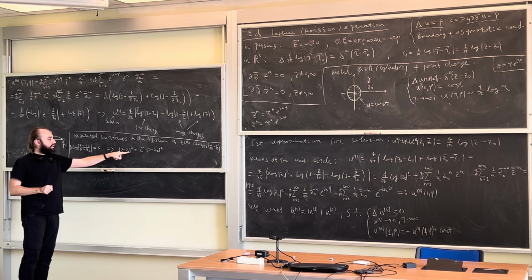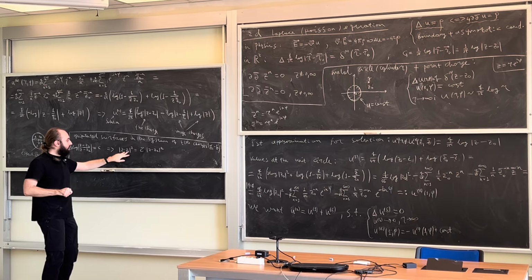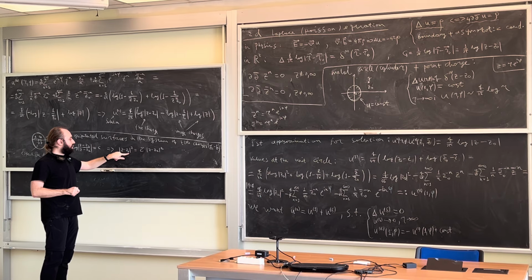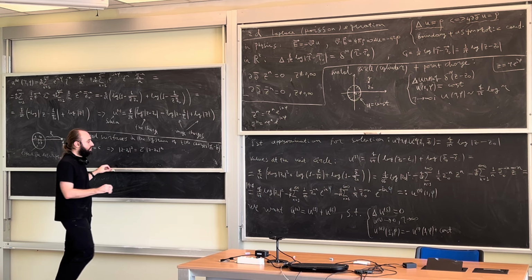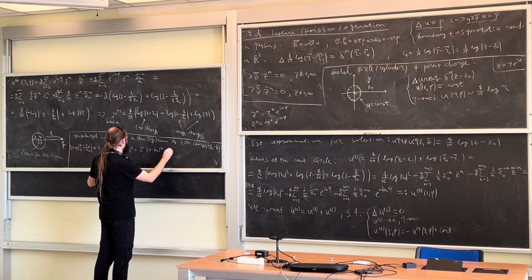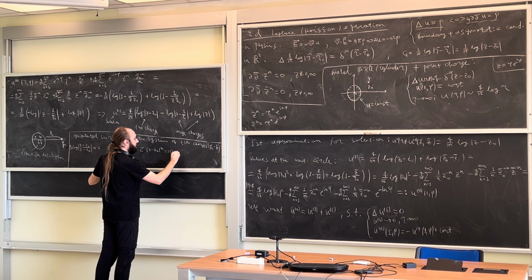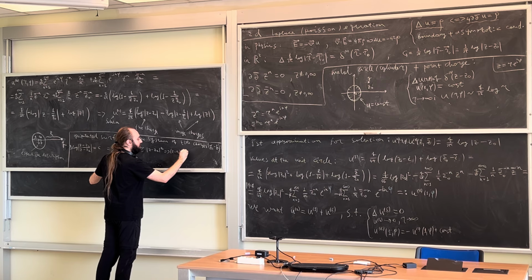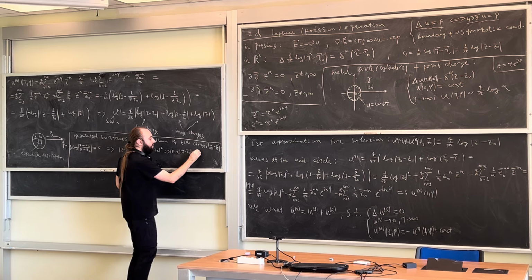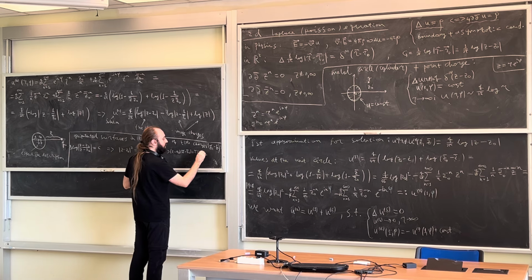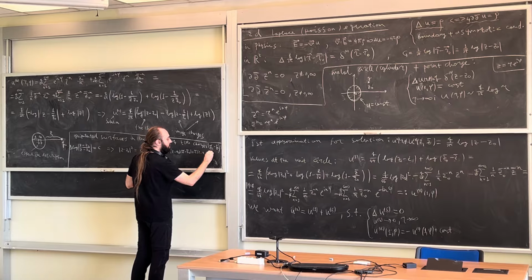And we can now write this absolute value squared as the product of this complex number times its conjugate. So z minus z1 times z bar minus z1 bar is c tilde times z minus z2 times z bar minus z2 bar.